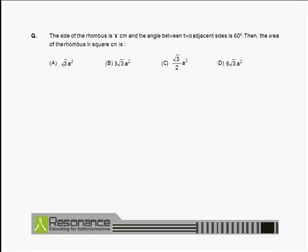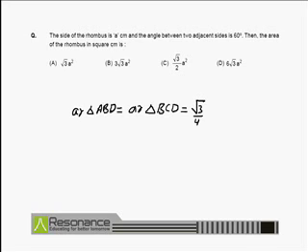So the area of triangle ABD, which is the same as the area of triangle BCD, that is the area of an equilateral triangle with side a, is root 3 by 4 a square.